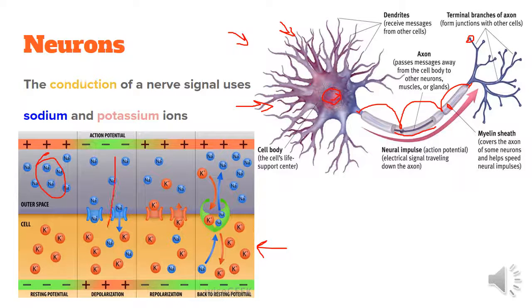So the sodium's going in and the potassium's coming out. When it gets done, or as towards the end, then it's repolarizing, so the potassium's coming back in and the sodium's going back out. And so it does all of this until it gets back to the resting potential where it's all evened out.